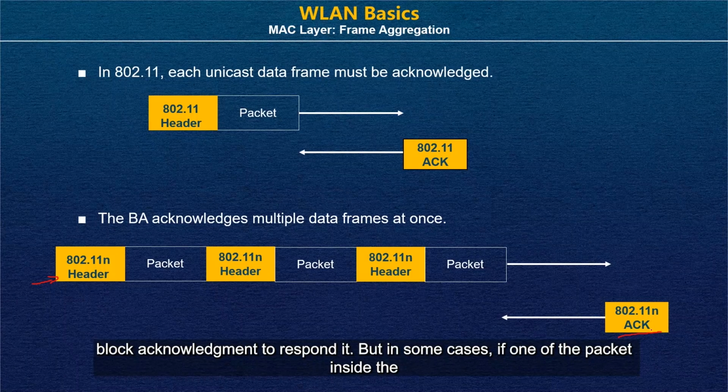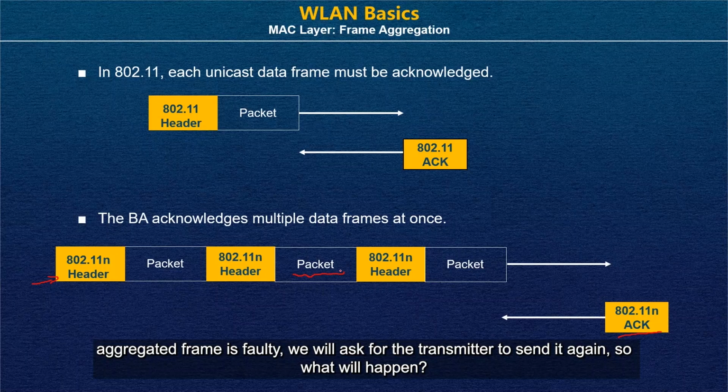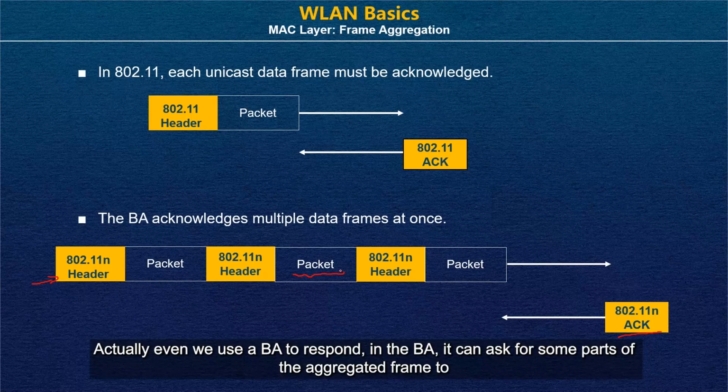But in some cases, if one of the packets inside the aggregated frame is faulty, we will ask the transmitter to send it again. So what will happen? Actually, even if we use a BA to respond, in the BA, it can ask for some parts of the aggregated frame to be retransmitted.